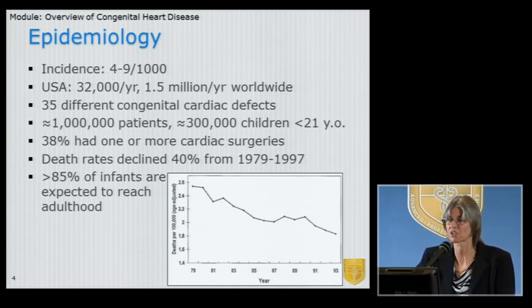So every one of us, not just cardiac anesthesiologists, we all have to have a basic understanding of how to take care of these kids that present either with unrepaired or with repaired congenital heart disease. And that's why this lecture is so important.